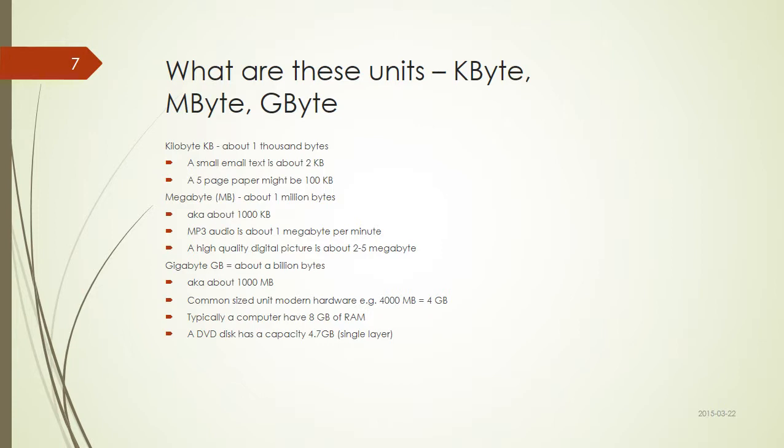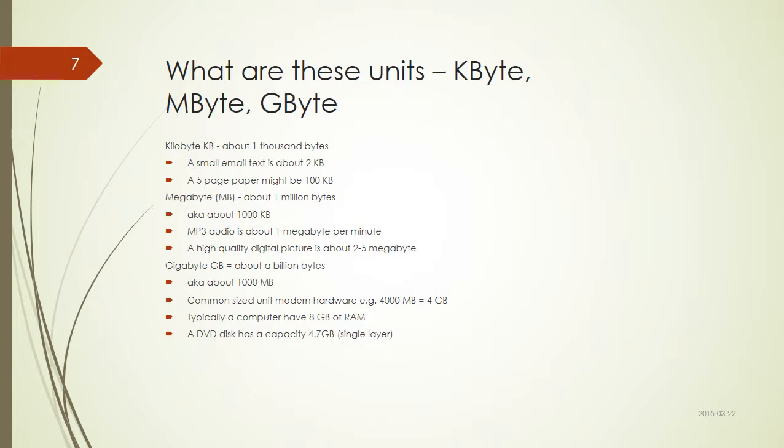Megabytes are 1,000 kilobytes, and typically files that have audio, such as MP3, would need a speed of about a megabyte per minute.